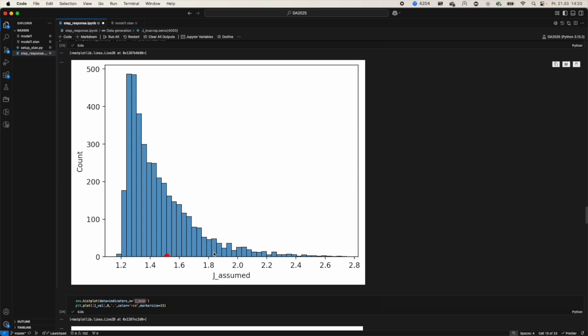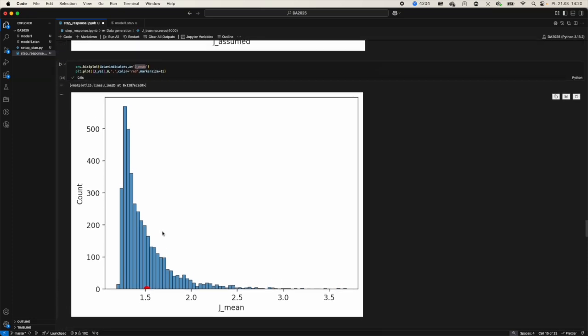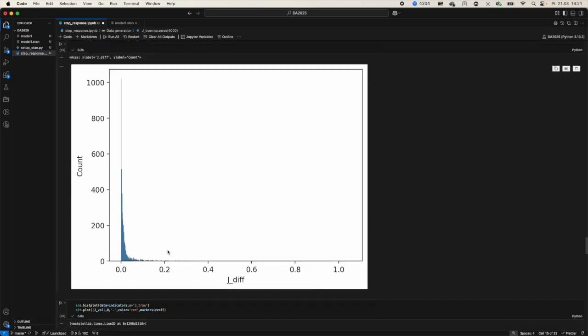So we see that, okay, using the knowledge we have here, the actual performance indicator can look like this. These are all the possible values. If we reduce just to the mean, it will be shifted a bit. So possible values of performance indicator can even get to bigger numbers, right? Actual plot of difference looks like this. So this is how much we lose from our knowledge using our prediction of the data.